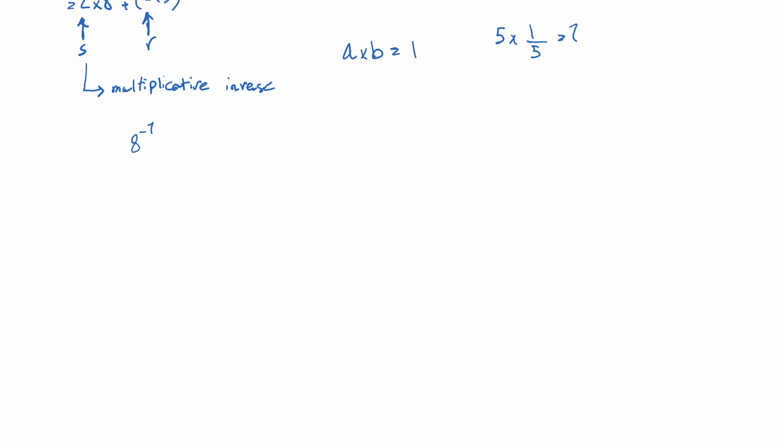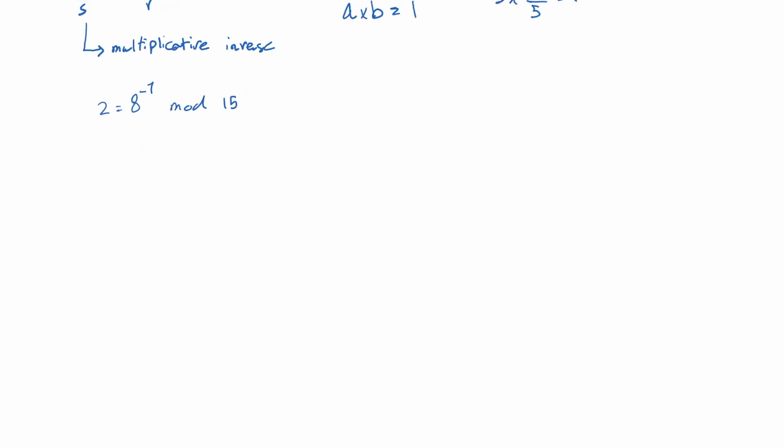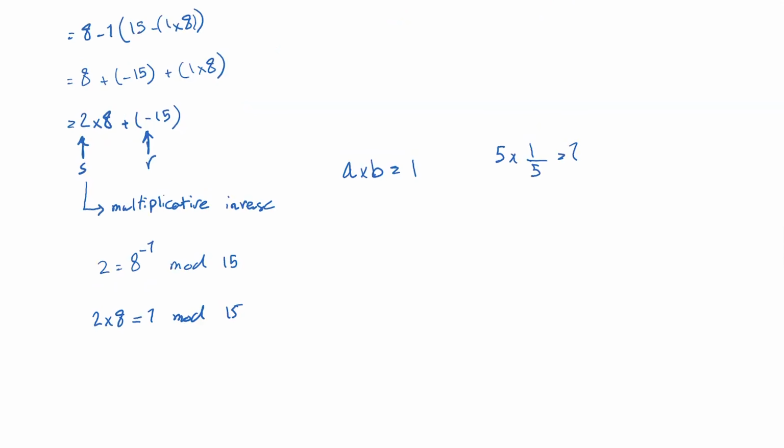This means the multiplicative inverse of 8 mod 15. I'm looking for this value, and the result is going to be 2, because 2 times 8 is 16, and the remainder modulo 15 is 1. So 2 times 8 is 1 mod 15, right?